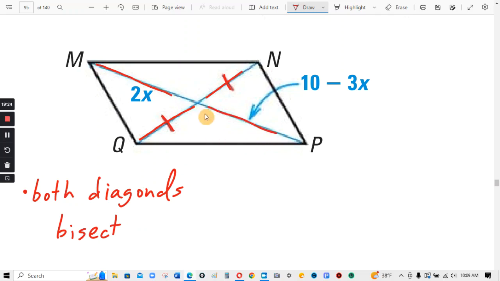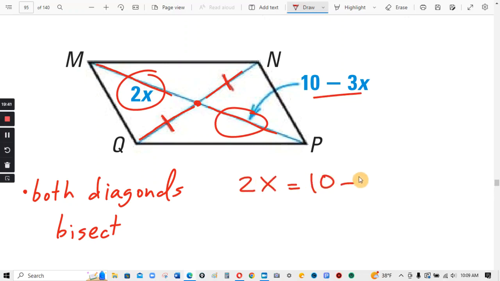They didn't give us a point in the middle, so I can't do the 2 letters for each segment. But this here is 2x, and this one here is 10 minus 3x. I'm just going to set them equal. 2x equals 10 minus 3x. I want the variables on the left, so the opposite of negative 3x is a positive 3x.